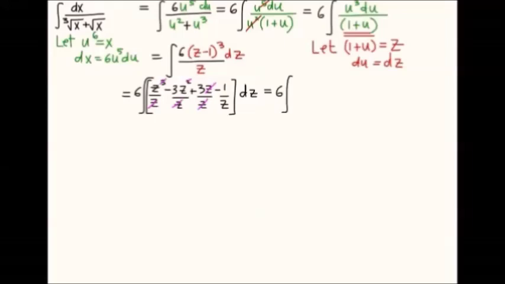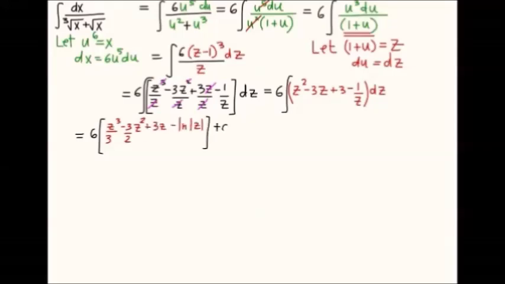We'll then get 6 times the integration of z squared minus 3z plus 3 minus 1/z dz. We can then integrate term by term. Let me put that in there real quick. And we need to remember to put the plus c at the end.